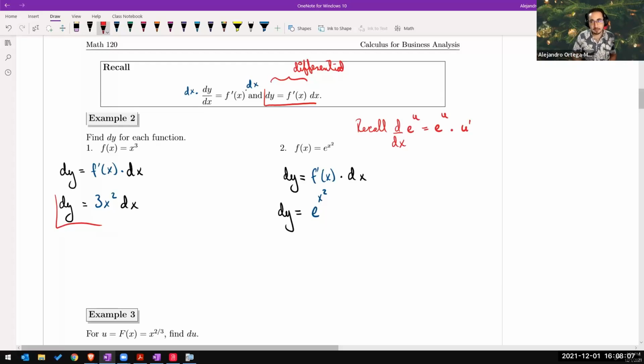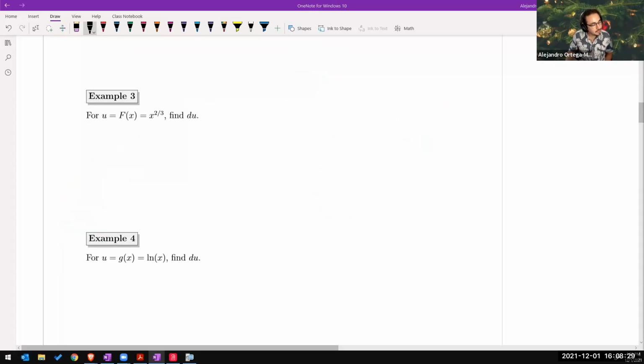In this case, this is our u. So we have e to the u times the derivative of u, and there we go. We get the dx. Okay. Now let's try one more, example 4.